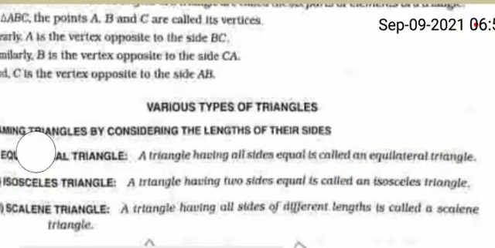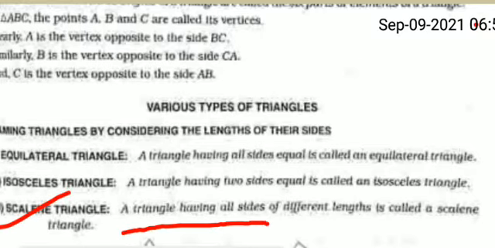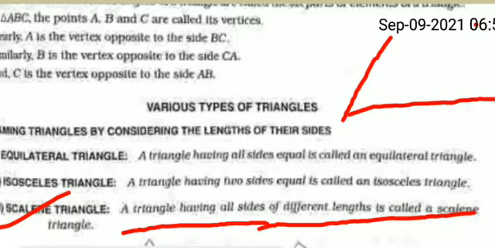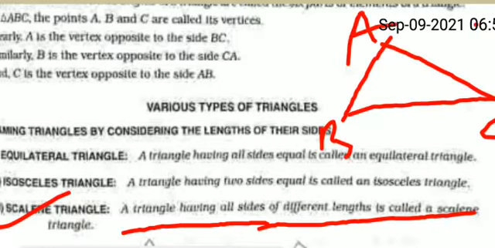And the third one is scalene triangle. A triangle having all sides of different lengths is called a scalene triangle. All sides are of different lengths. That means the triangle will be like this: A, B, C, where AB, BC, and CA, these three sides are not the same, unequal.